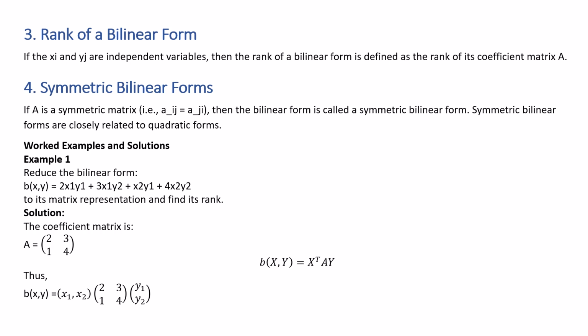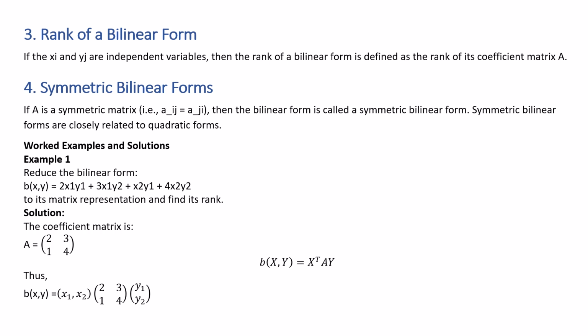From the equation given to us, we can get our matrix A. From what we have here, the coefficient a11 is given as 2, then a12 is given as 3, a21 is given as 1, then a22 is given as 4.